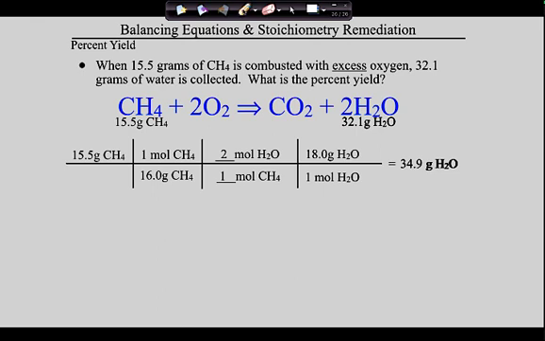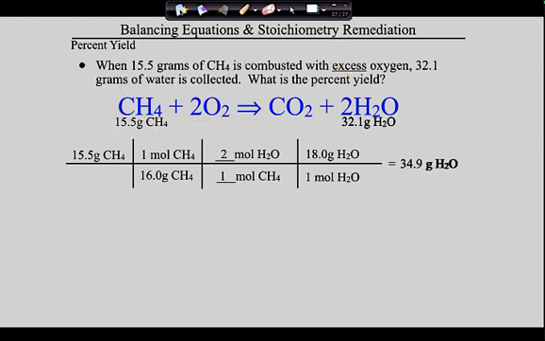So what that means then is this. If we start with 15.5 grams of CH4, and if we react it with all the oxygen that we need, we now know that we should be able to make 34.9 grams of water. Now we got a problem. We only collected 32.1 grams of water. We lost some.